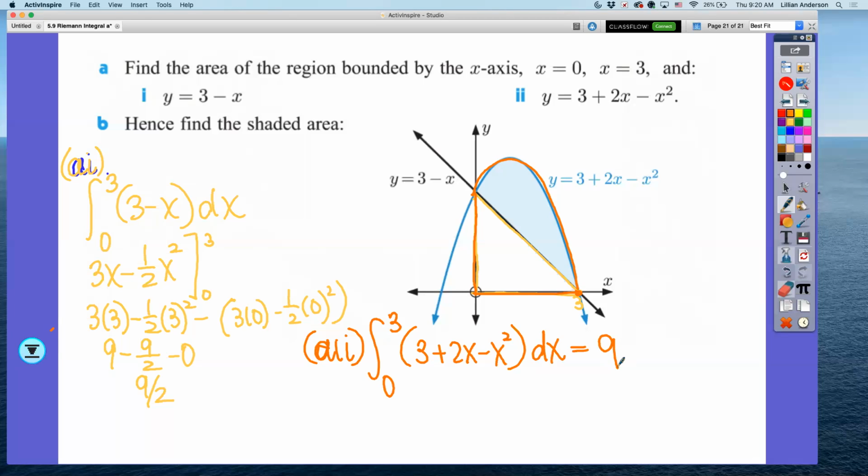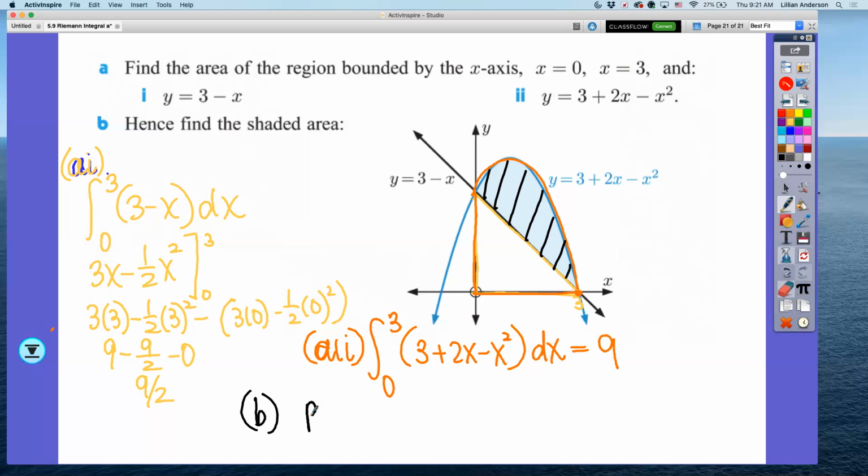Good stuff. So then it says, hence, find the area of the shaded region. How do I do that? You subtract 9 from... Exactly. To find this shaded area, I essentially need to take the large orange part and subtract it from that light yellow triangle area to find just that shaded region.